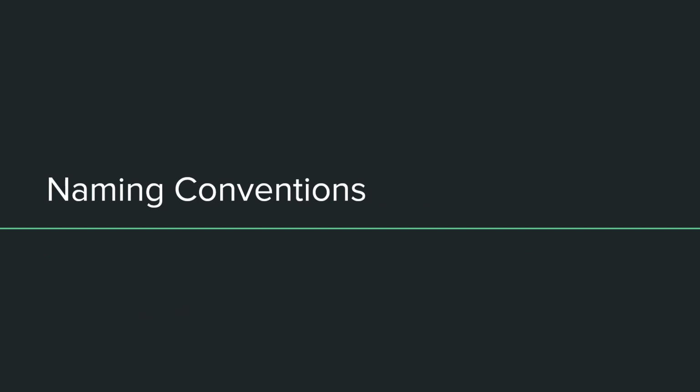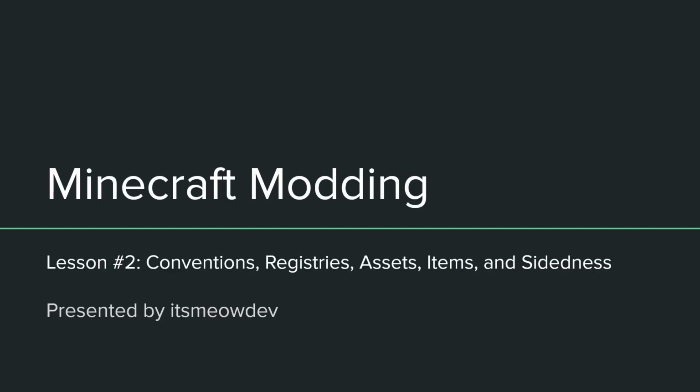So, question. What's the difference between plugins and mods? Plugins run on the server, the physical server, which we'll get to in our fun Sidedness lesson. They don't have any capability of rendering things or displaying things that aren't already within the client, and they don't run on the client at all.